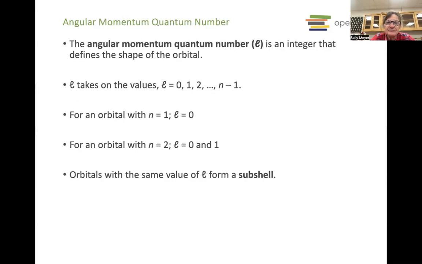The next quantum number that we also need to put on our step, our ledge, to identify what its energy is called the angular momentum quantum number, L. That's an integer that defines the shape of the orbital.